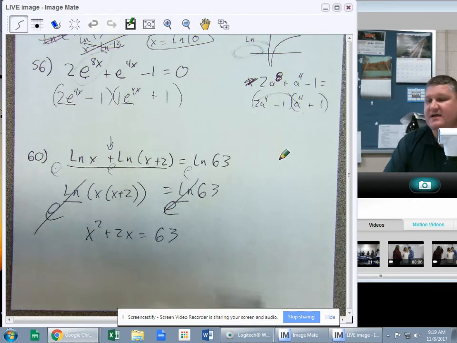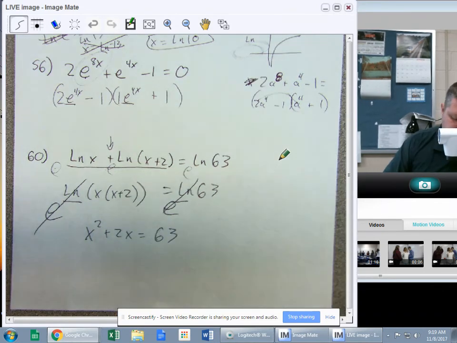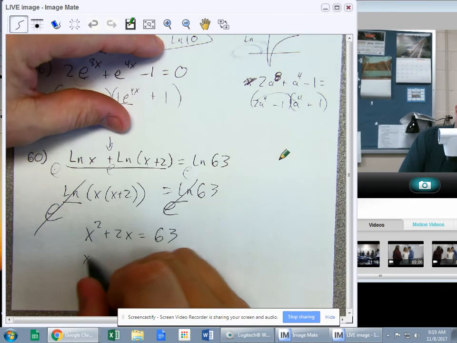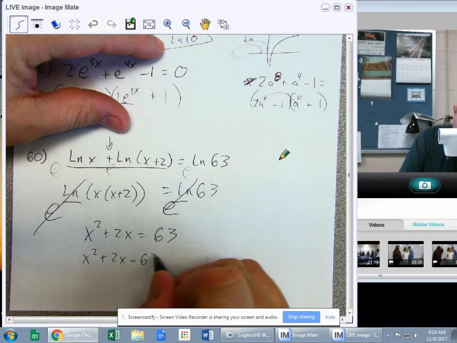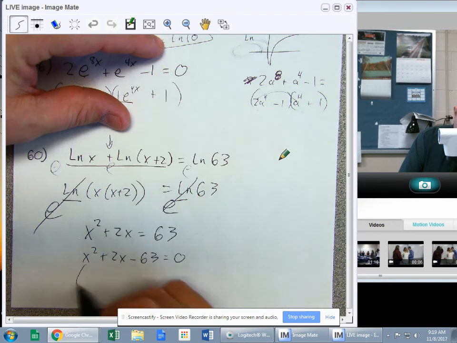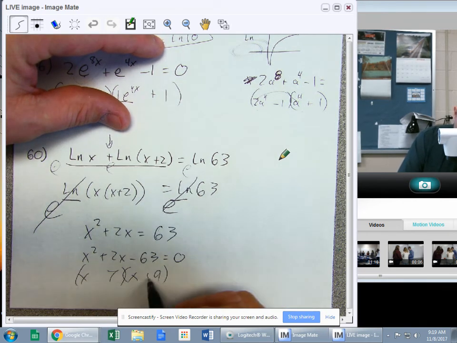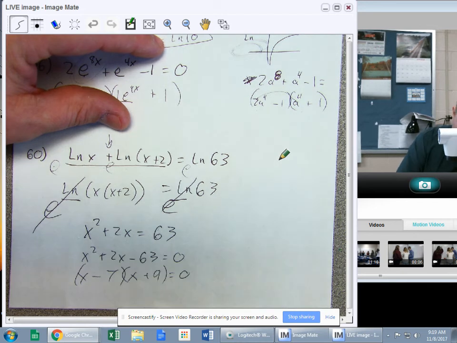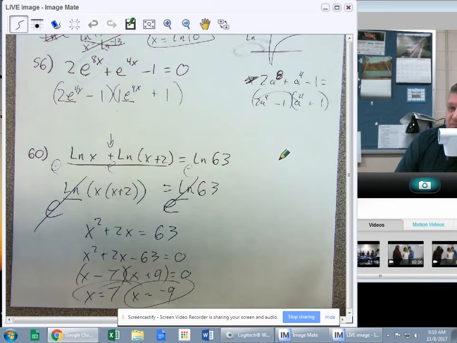At this point, it's algebra 1 again. So we're going to say x squared plus 2x minus 63 equals 0. Break it up. X, 7, 9, plus minus equals 0. And so x equals 7, x equals negative 9. Now, you also have a problem because both of these are not solutions.